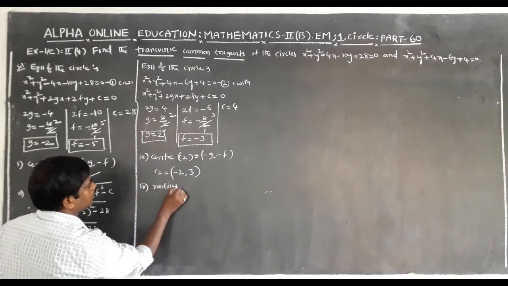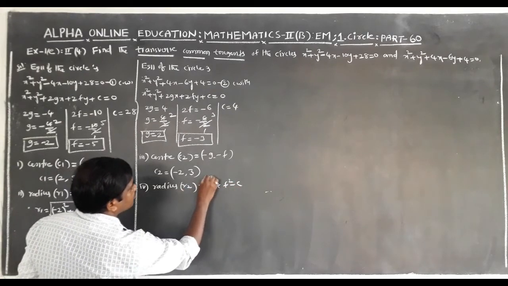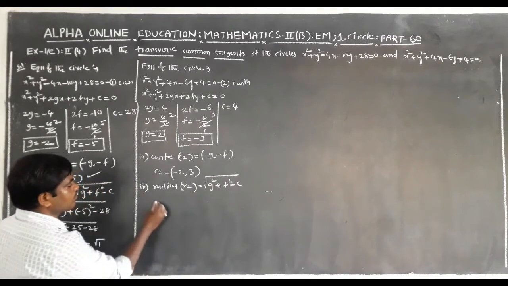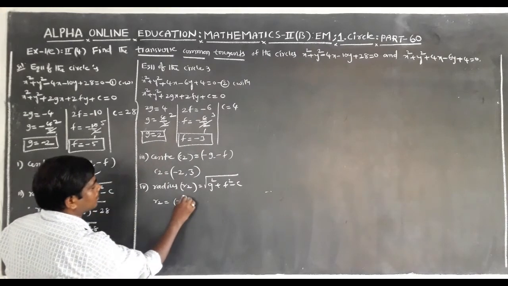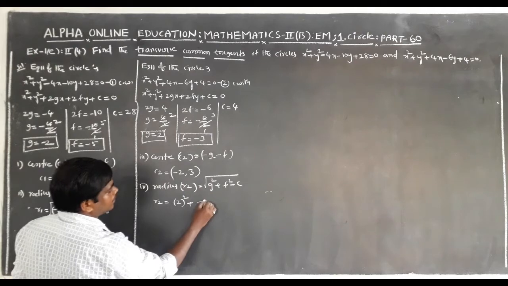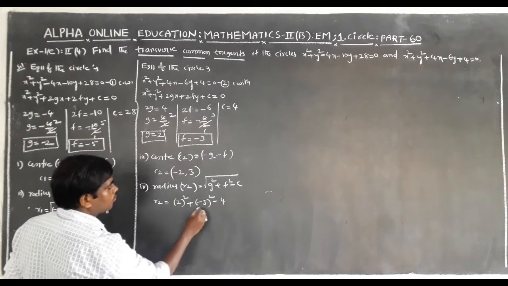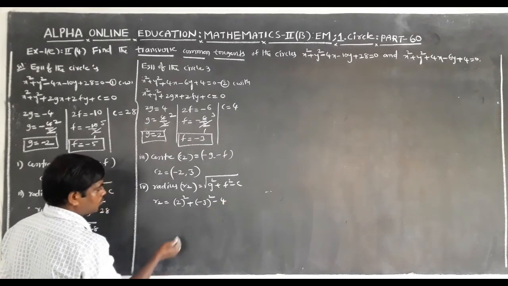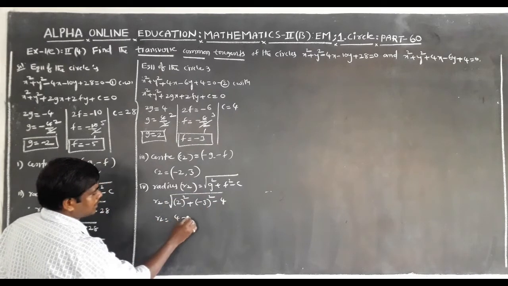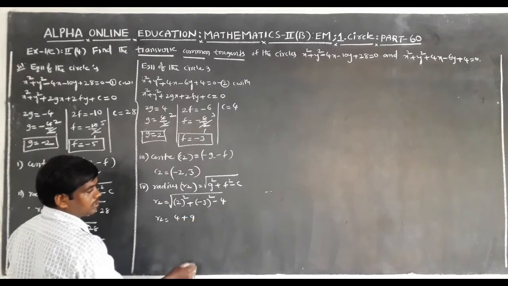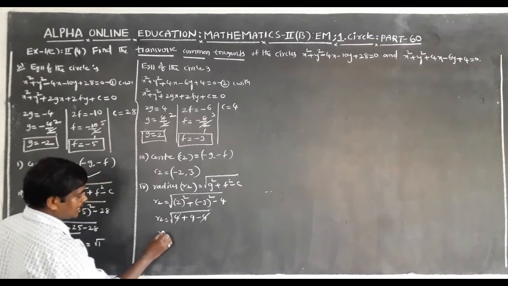Again find the radius of the second circle. R2 is equal to the square root of g² + f² − c. That is the root of 2² + (−3)² − 4, which is 4 + 9 − 4. The 4 and −4 cancel.